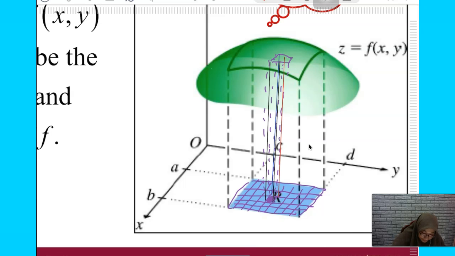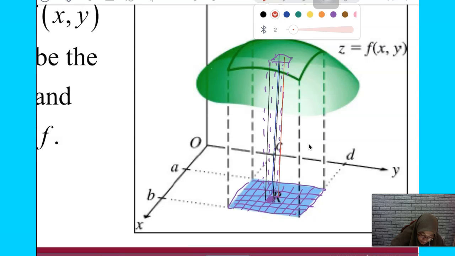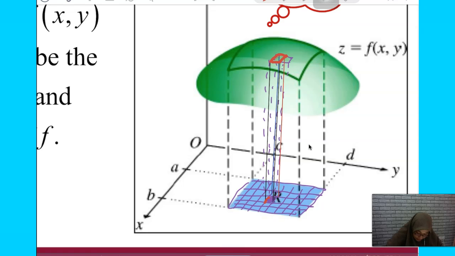Maybe I need to resketch the triangle here. Okay, so that is a square.